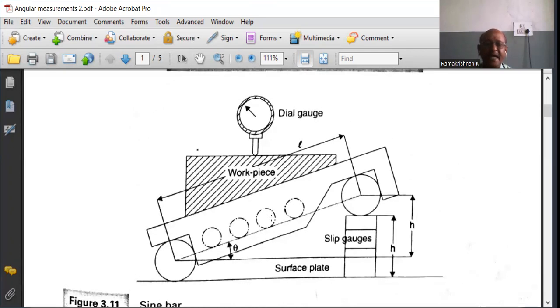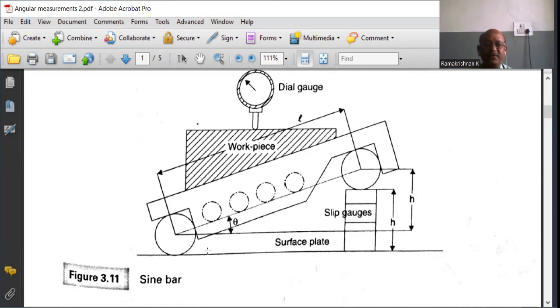Now, the calculation of the taper angle is based on trigonometry. As you know from the diagram, it forms a right angle triangle. The two rollers are exactly at a particular distance apart. That is, the distance between the centers of the two rollers is L, which we already know. Then the height of one roller from the surface plate is calculated by adding up all the values of the slip gauges.